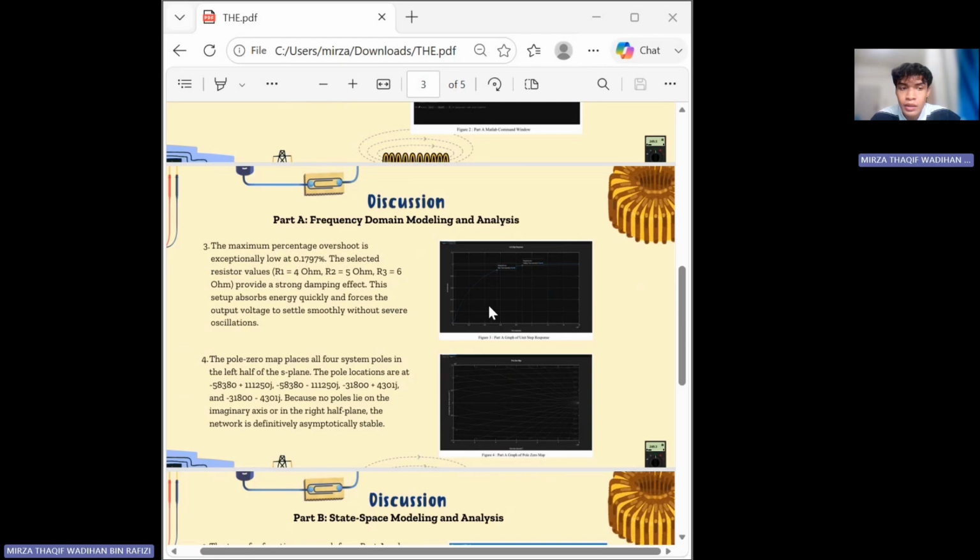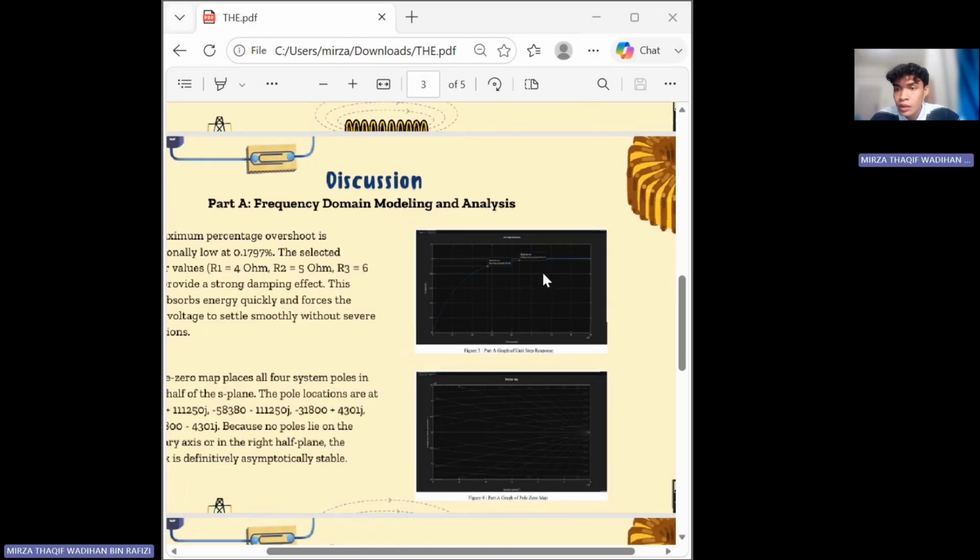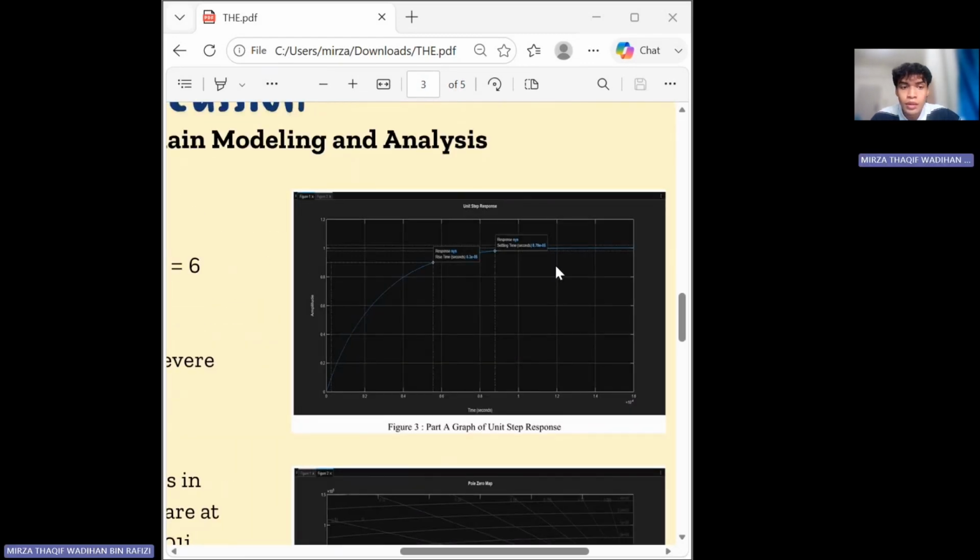You can see in the response graph that the curve is very smooth and it doesn't bounce around. This means the resistor values we use, 4 ohms, 5 ohms and 6 ohms, give the circuit a really strong damping effect that stops any wild oscillation.